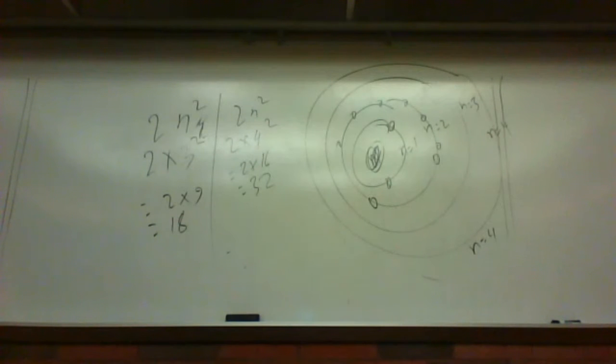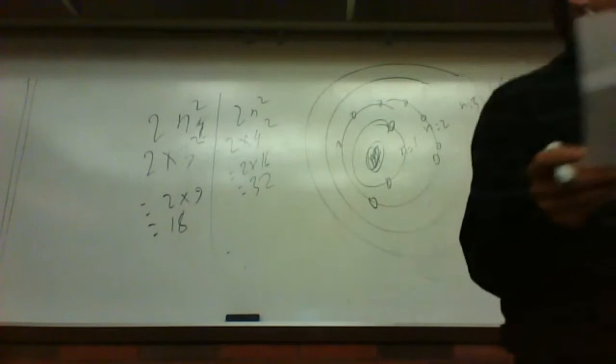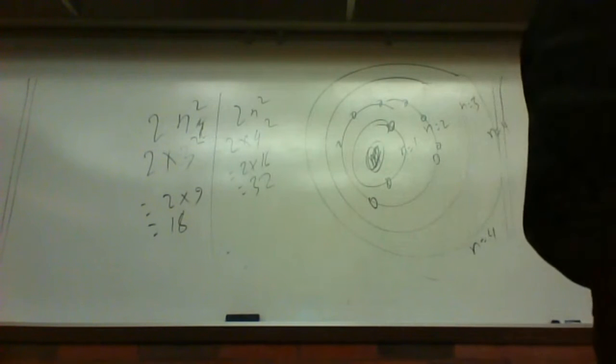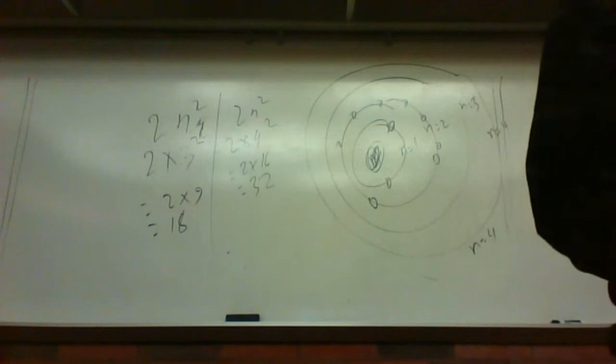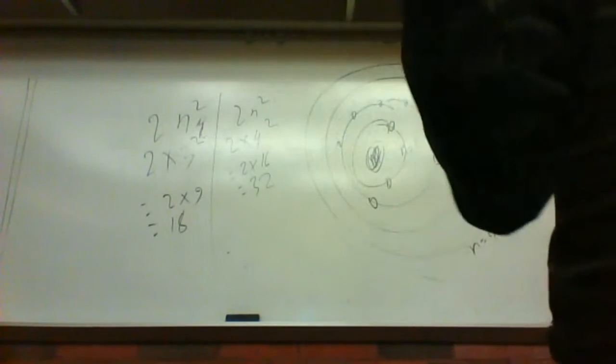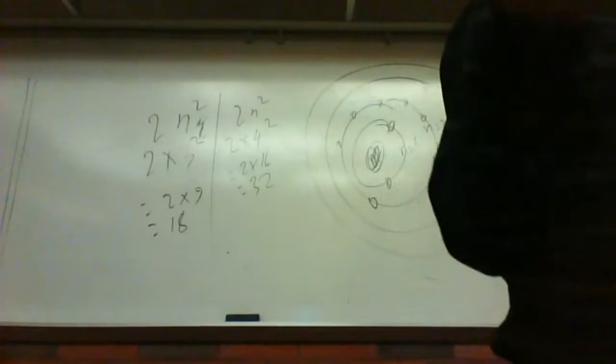I put the quantum numbers there as well, so you can read that yourself. This is important: how many electrons we can put in a certain orbit. In the first orbit, 2 electrons. In the second orbit, 8 electrons. In the third orbit, 18 electrons. In the fourth orbit, 32 electrons.